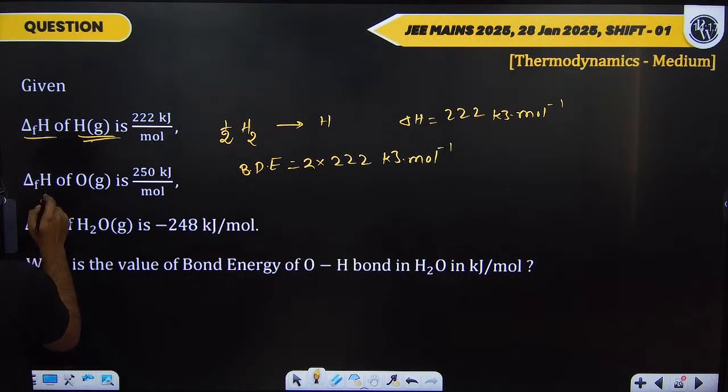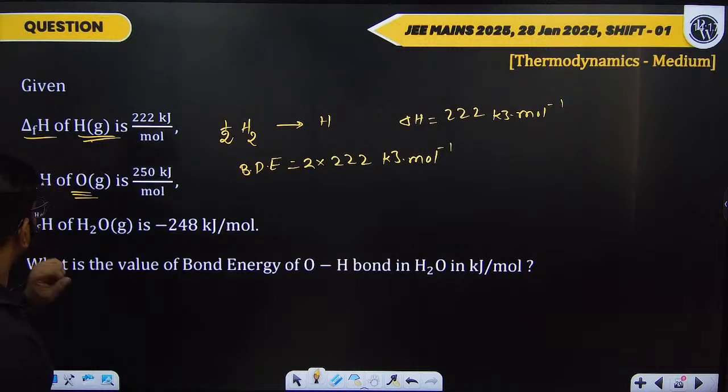Now next, they are asking the enthalpy of formation of oxygen, correct?